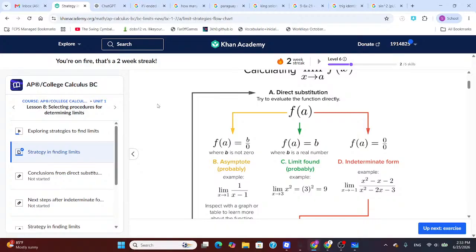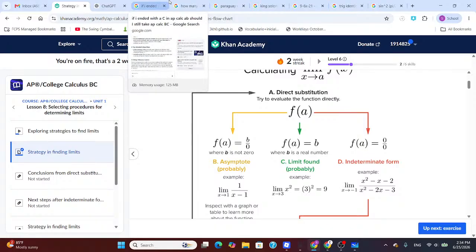The example is the limit as x approaches 3 of x squared: if you plug in 3, you get 3 squared, which equals 9. And that's just the answer.